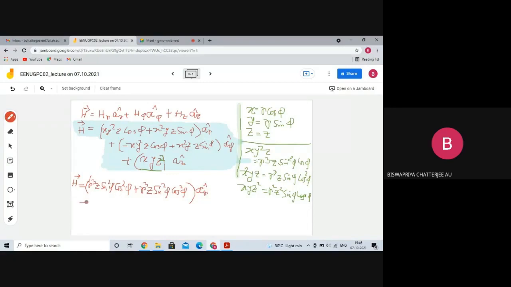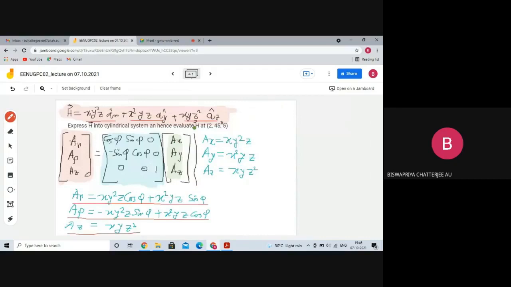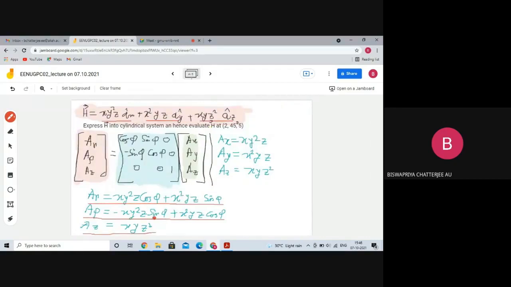Similarly, you see x y square z, it is sin phi, so I have written it wrong here.